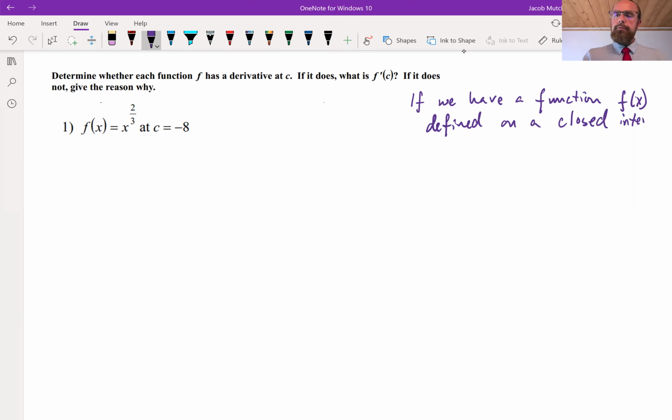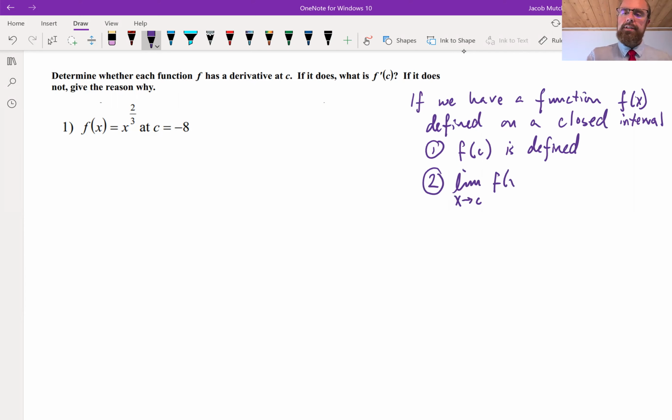The first one is that at that certain x value, f at c is defined. So on the actual function, f at -8, we'll check that in a moment. Secondly, the limit as x approaches c of f of x exists.